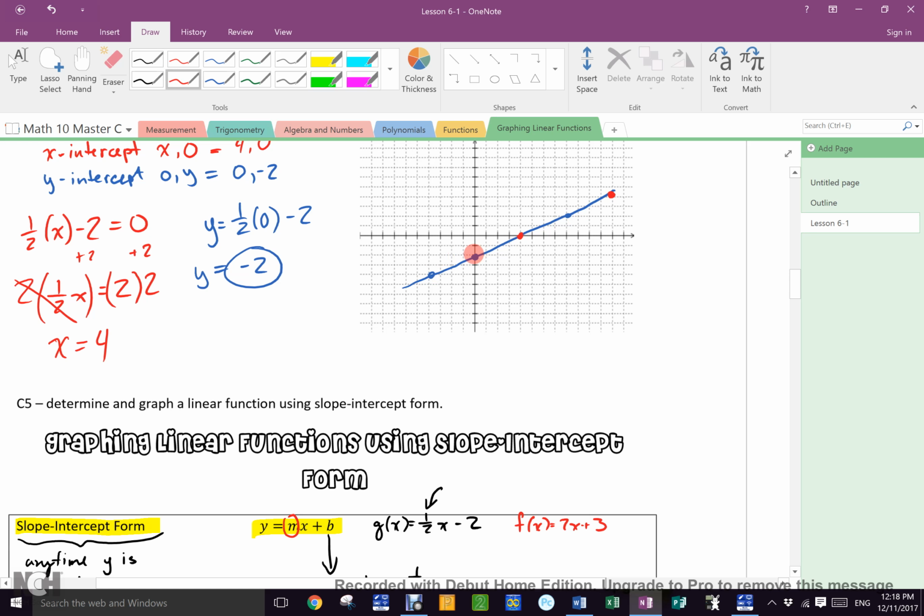So I went up 2, and then I went that way 4, correct? Make that a ratio. How far did I go up compared to how far I went sideways? I went 2 over 4, didn't I? Which was what? 1 over 2.